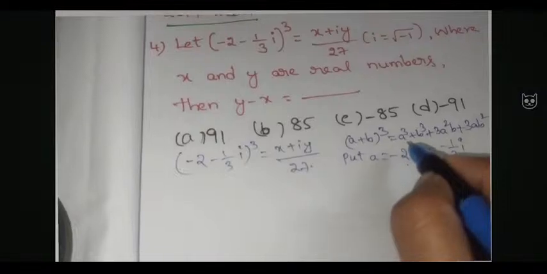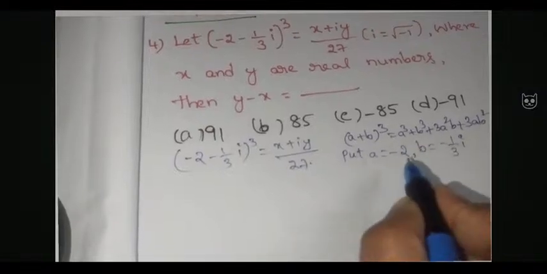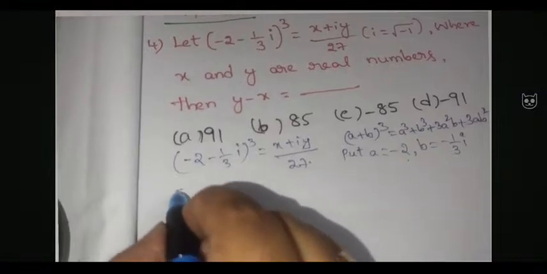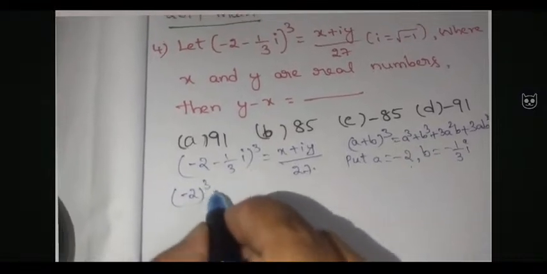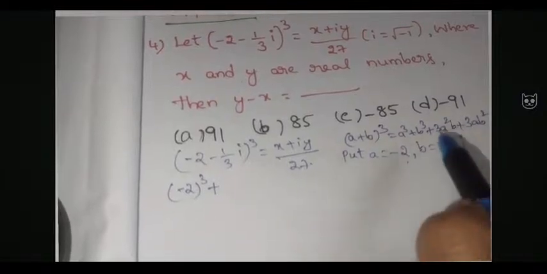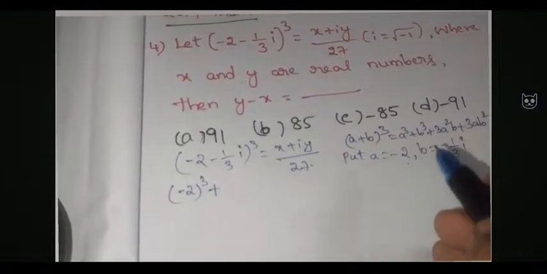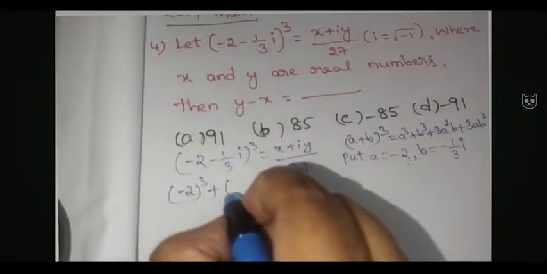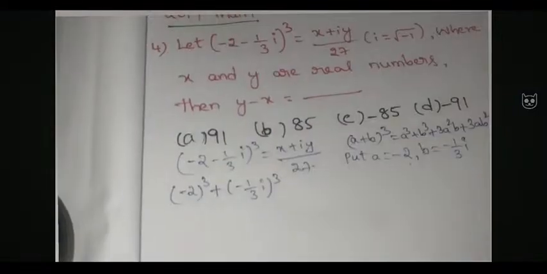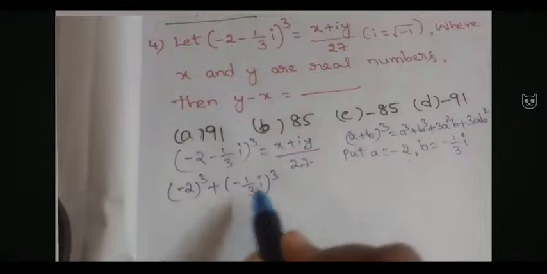First you write a cube, that is minus 2 whole cube, plus b cube. What is b? b is minus 1 by 3 i whole cube. So it is a cube plus b cube.